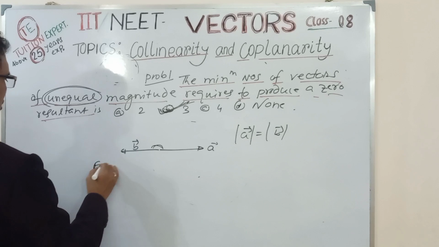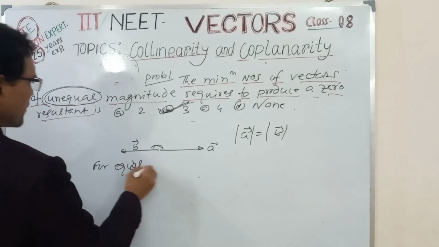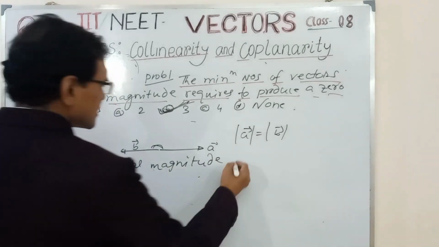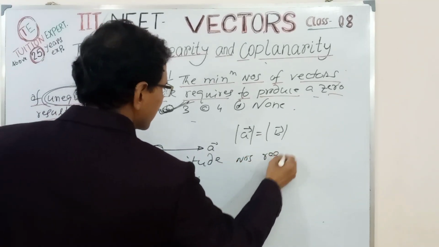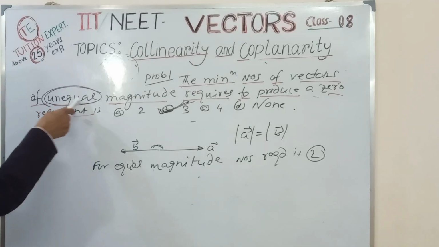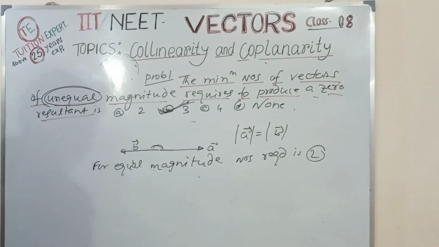So for equal magnitude, the number required is 2.